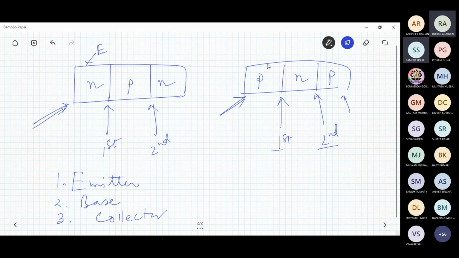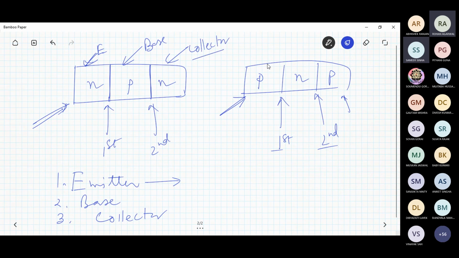In PNP you will find two different P regions. In NPN there will be two different N regions, and those two N regions sandwich the P region. The emitter region is situated on one side of the transistor, then comes the base, then the collector, and this is the orientation for any BJT.